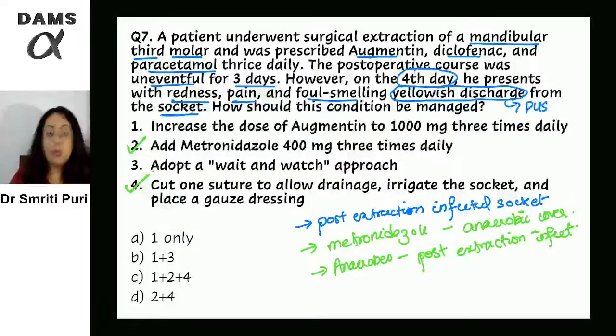To prevent it from going into a space infection, you will open up one suture and give it a drainage path so that the pus has a free flow outside rather than going into a facial space. You will irrigate it nicely with an antiseptic, antibacterial wash, and you can place a gauze dressing for the pain.